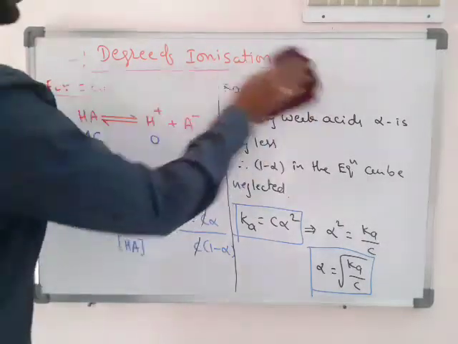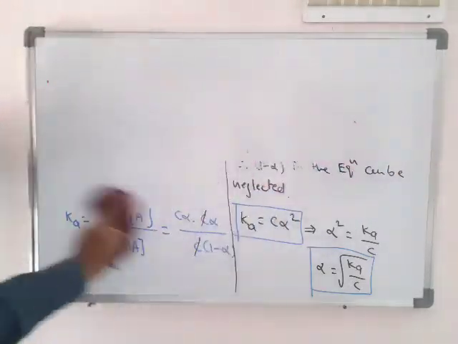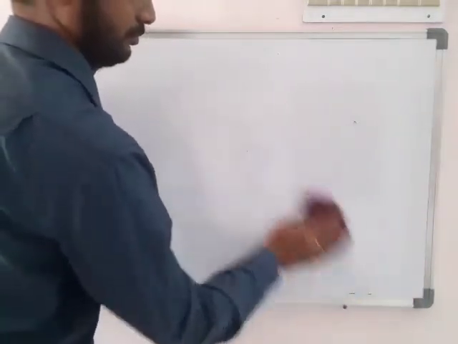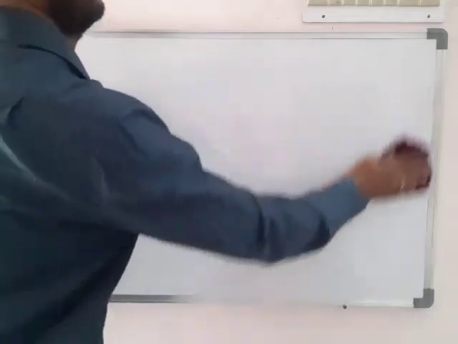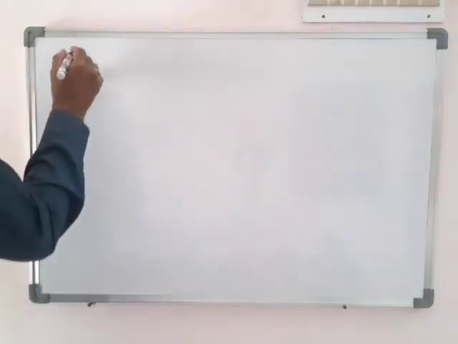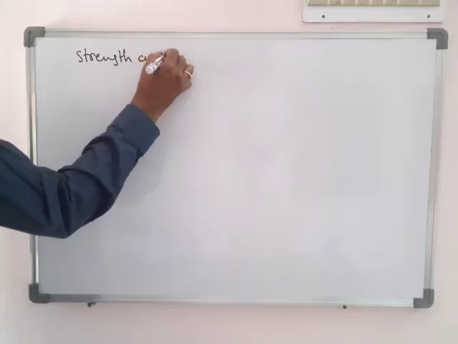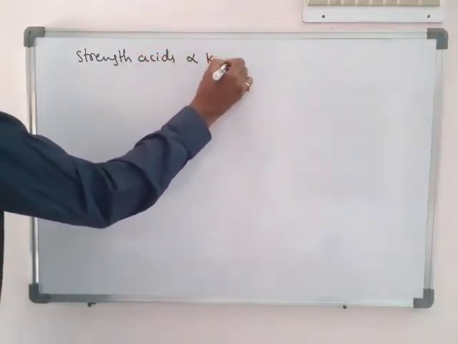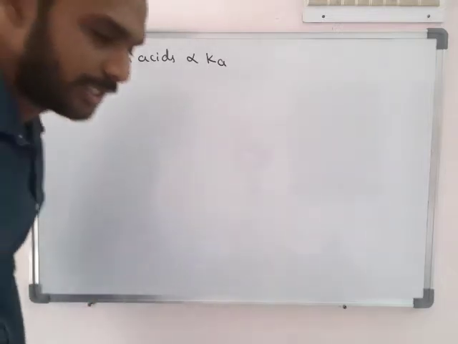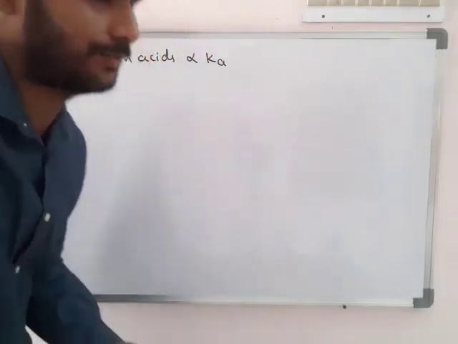So therefore here we can write the strength of acids is directly proportional to Ka, because when the Ka value is highest, the ionization is highest, and that is nothing but a strong acid.